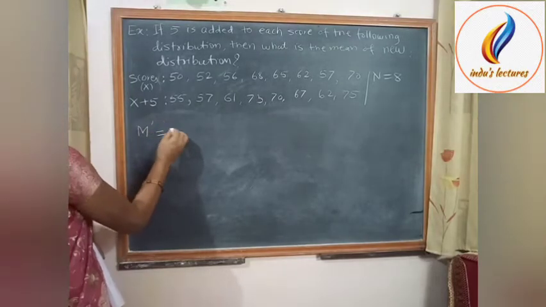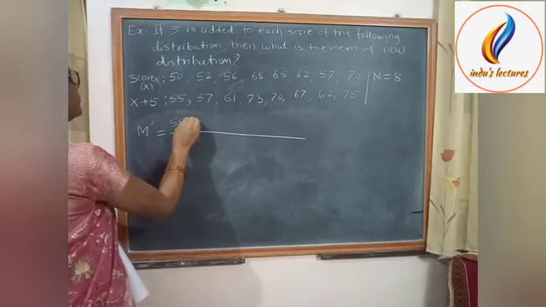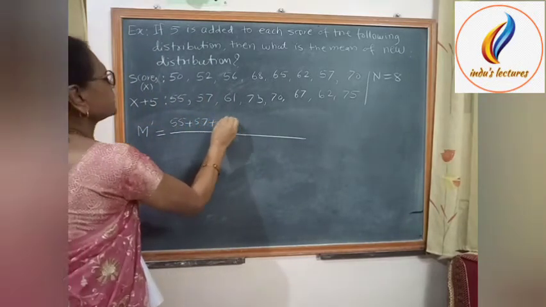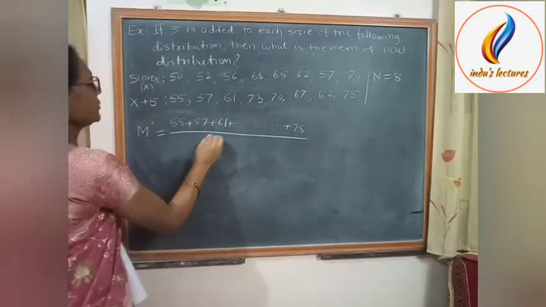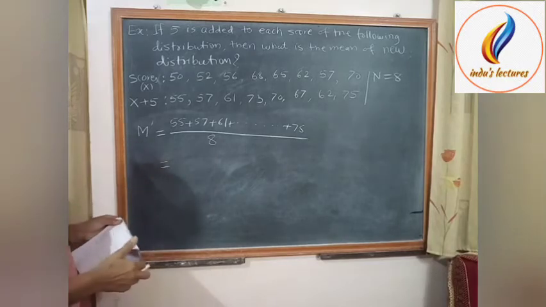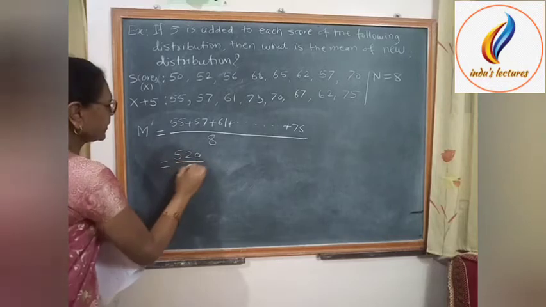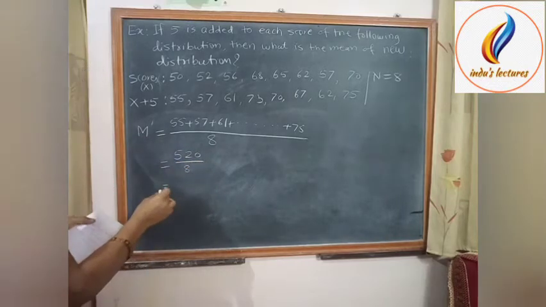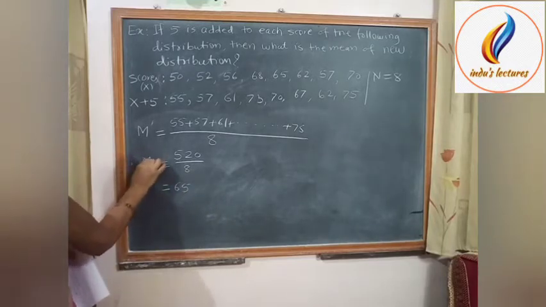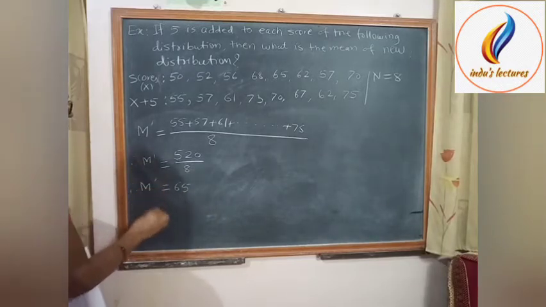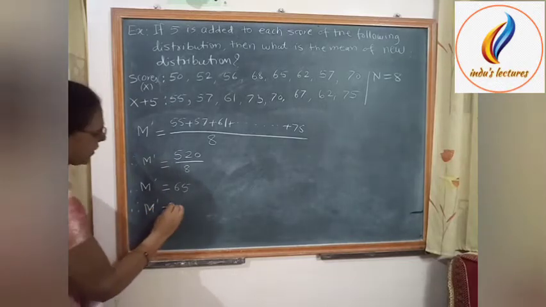Then m dash is equal to the sum of all these scores, that means 55 plus 57 plus 61 plus up to 75, upon the total number of scores, which is 8, which is equal to 520 upon 8, which is equal to 65. That means m dash is equal to 65. Therefore we can see that m dash is equal to m plus 5.